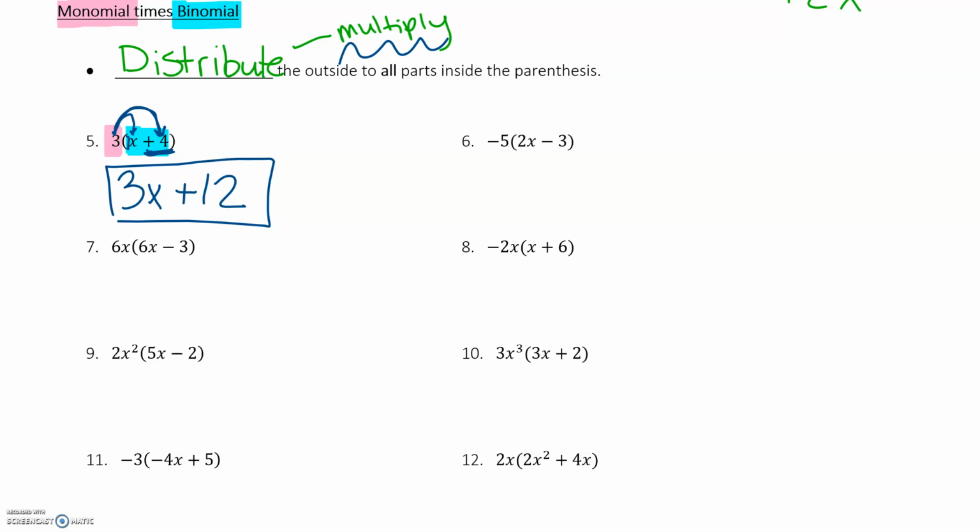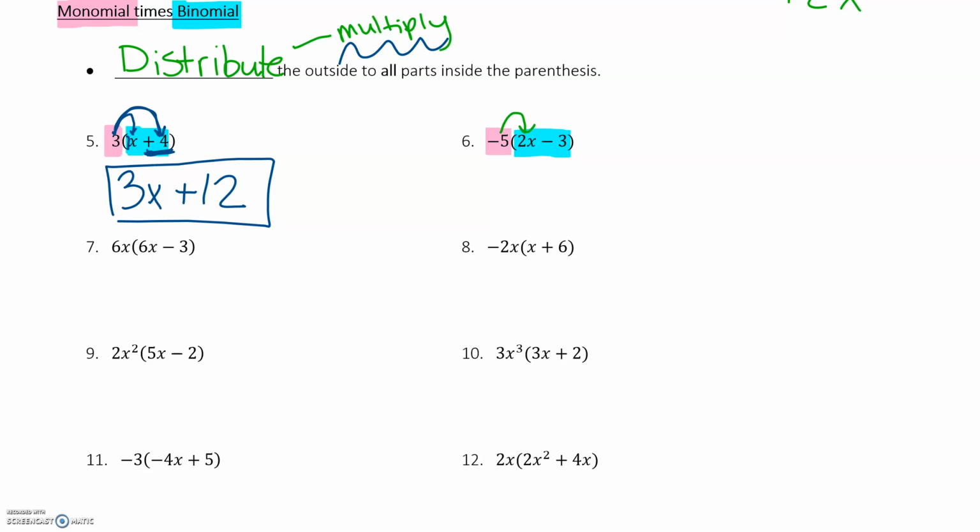Okay, let's try it again. We have a negative 5 times 2x minus 3. So we need to take the negative 5 and distribute, multiply it to the first term of the binomial.